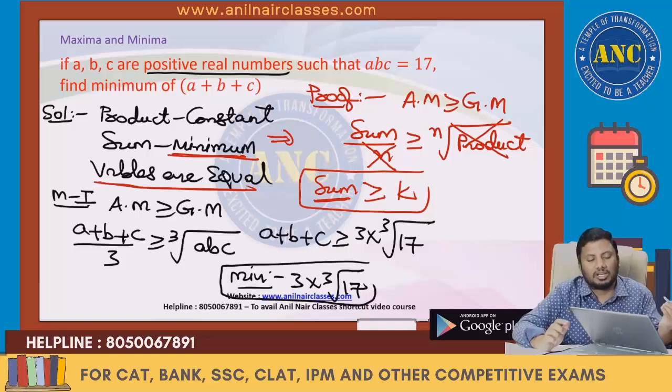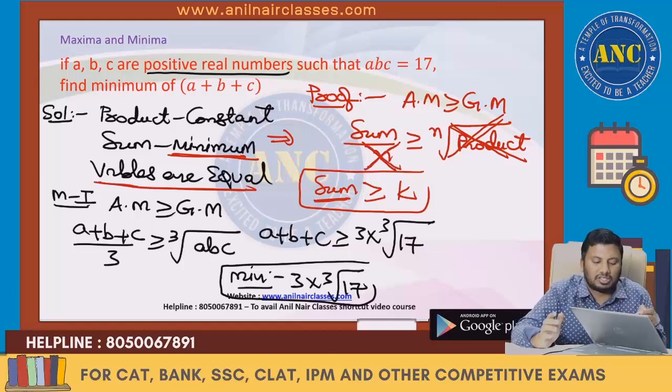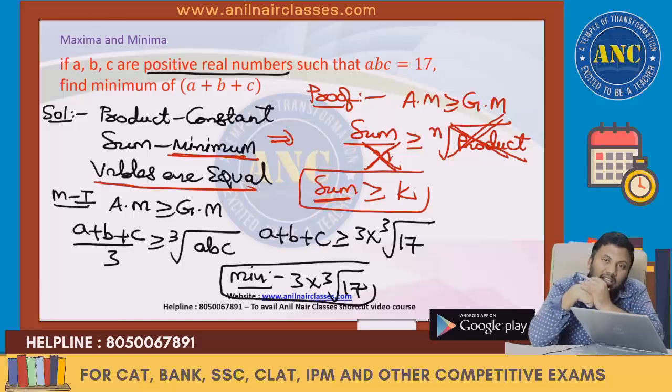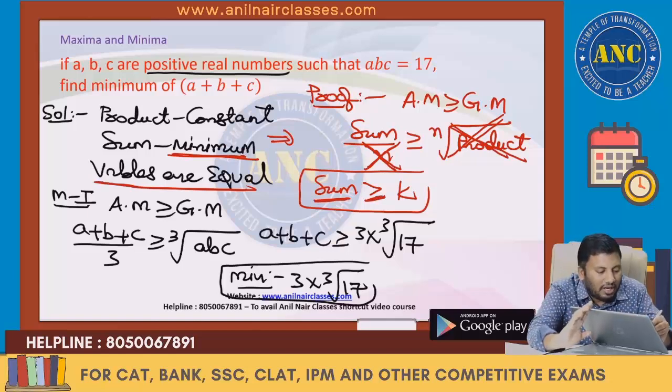I hope the concept is clear. When the product is constant, sum is greater than or equal to k. x is greater than or equal to 10, so it will start from 10, 11, 12, 13, 14 and so on. So the minimum value is what the sum will take when equality holds. When will it be equal?